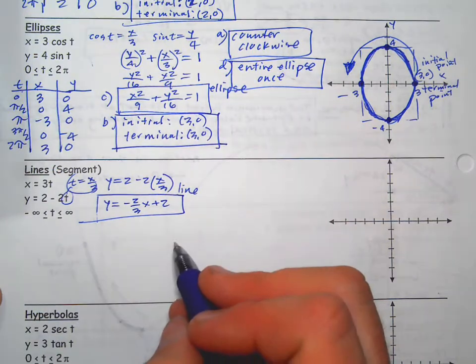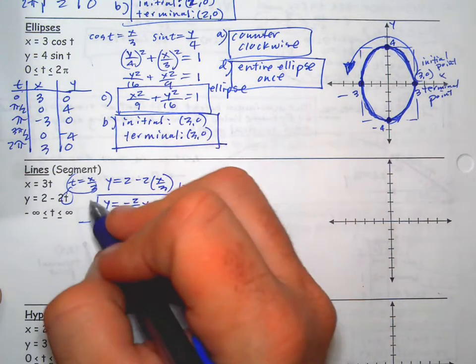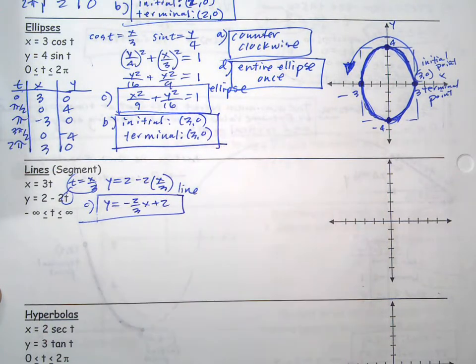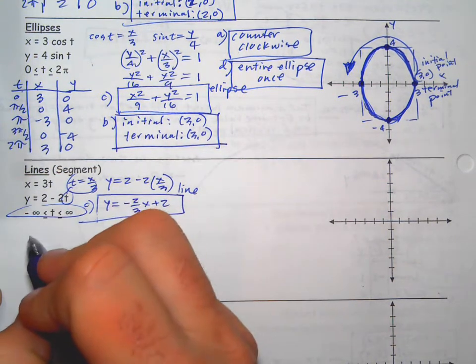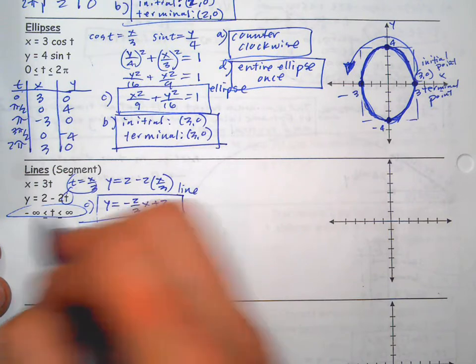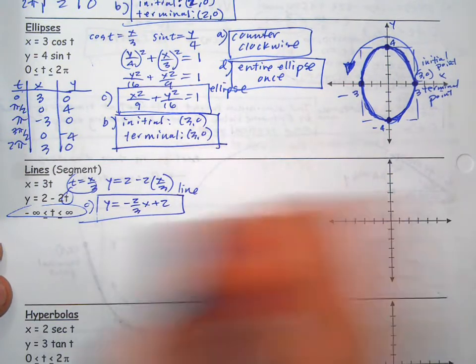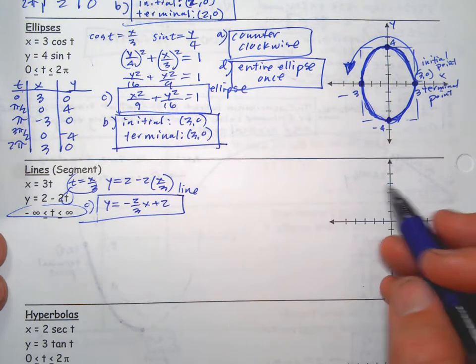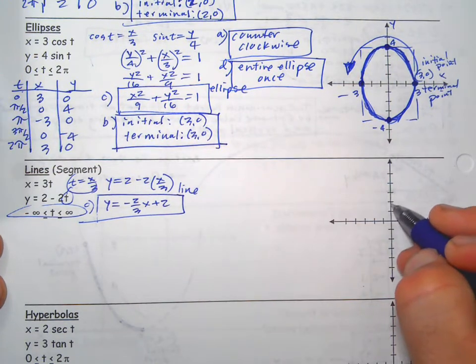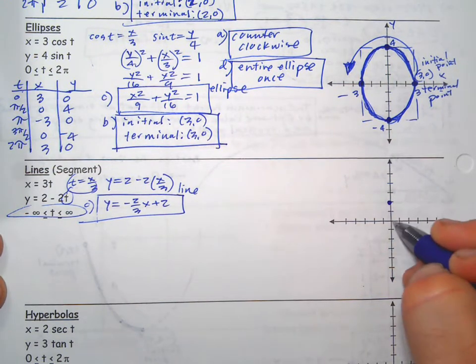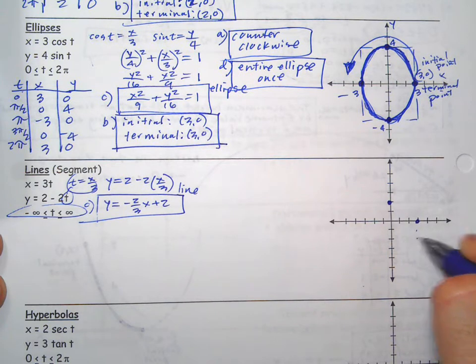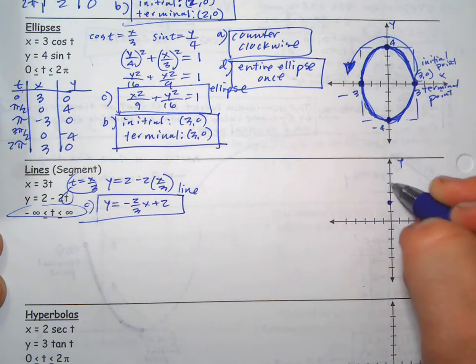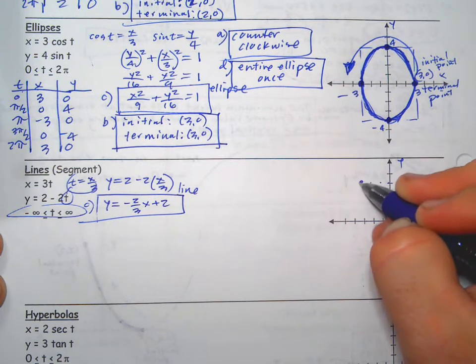So this is part C. Now if we make a table for this one, there's no endpoints. It's actually the whole line. It goes forever. Anytime you plug in, you get new points. So it starts at 2. It's down 2 over 3, down 2 over 3, up 2, left 3.